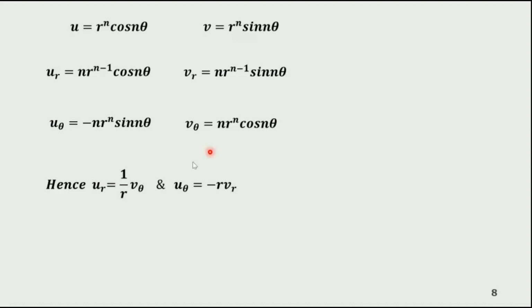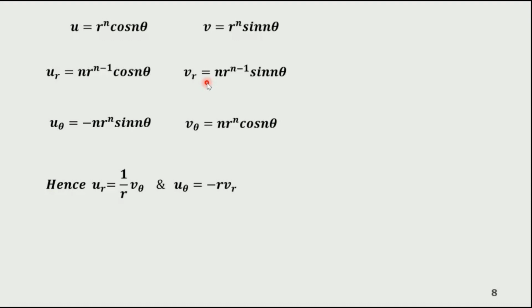Okay? The second one, we have to multiply by 1 by R and see whether the opposite part is equal, and after multiplying by R both should be equal but with a negative sign. So UR is 1 by R V theta and U theta is minus R VR. So the CR equations are satisfied.